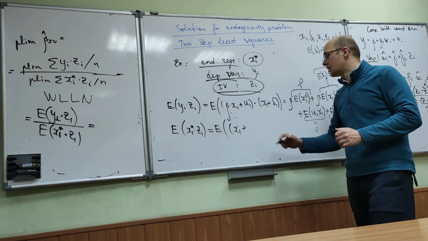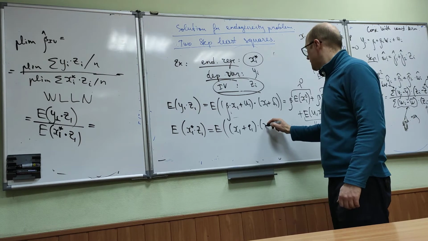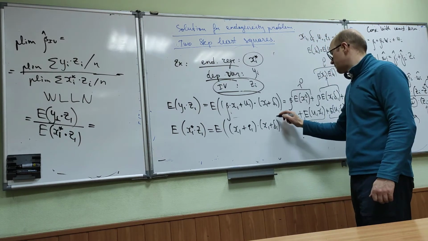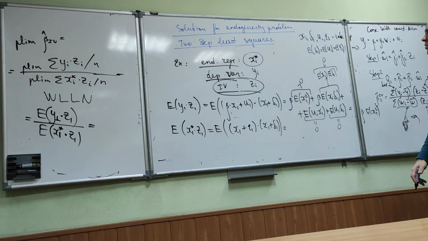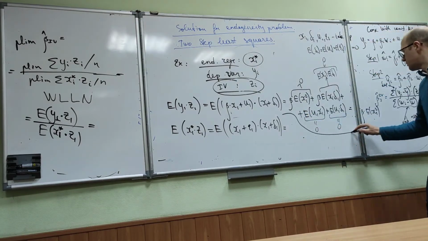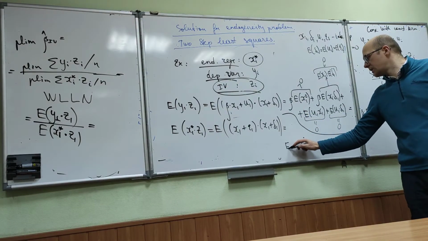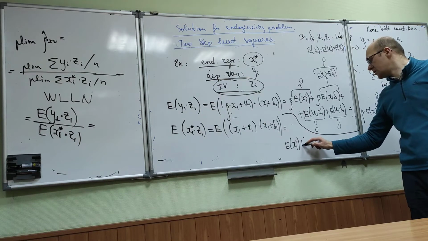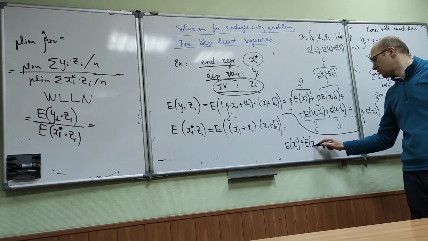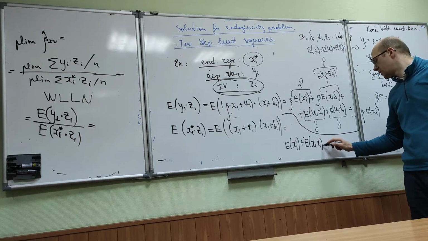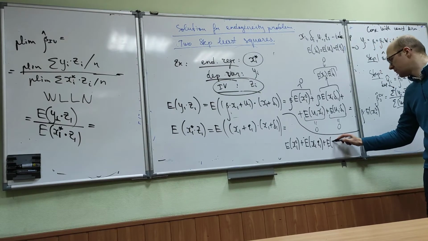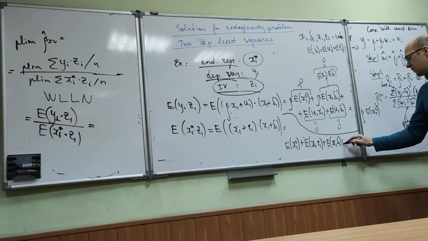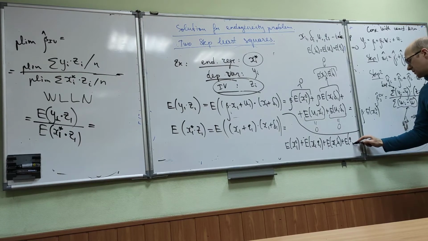Epsilon in this case, plus epsilon 1 times x1 plus delta 1. Once again, we have four terms, and the only non-zero one is the expected value of x1 squared. It's the expected value of x1 squared plus the expected value of x1 epsilon 1 plus the expected value of x1 delta 1 plus the expected value of epsilon 1 delta 1.